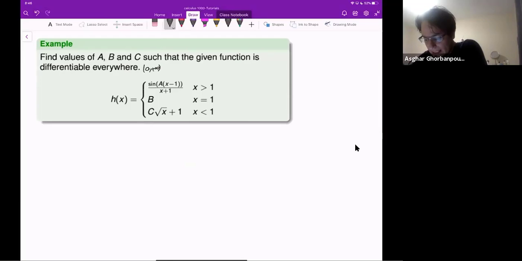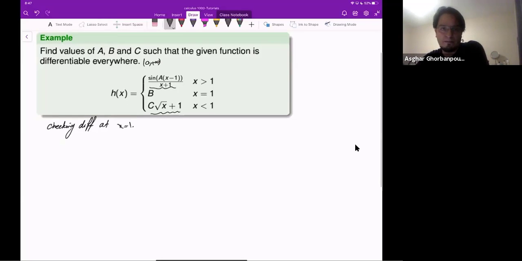So when you look at these functions, if x is bigger than 1 and if x is less than 1, the function is differentiable. These are nice functions. But checking differentiability at x equal to 1 is where we have to start.